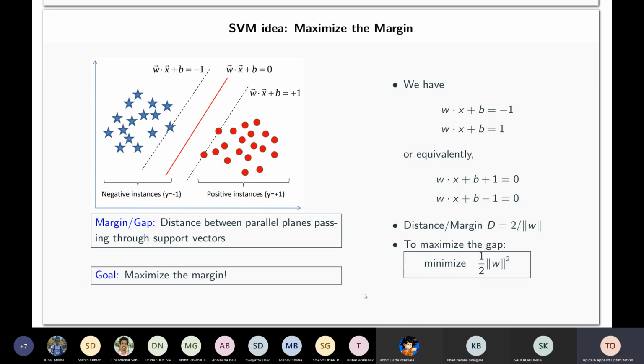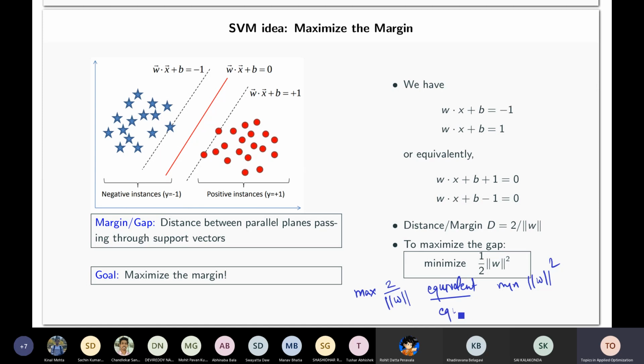Okay, so let me write down. The original problem is to maximize the gap, so this is like 2 divided by the norm of W. This is equivalent to, so this is the equivalent optimization problem. We have done optimization problems, right? So this is equivalent to saying I minimize the norm of W squared.